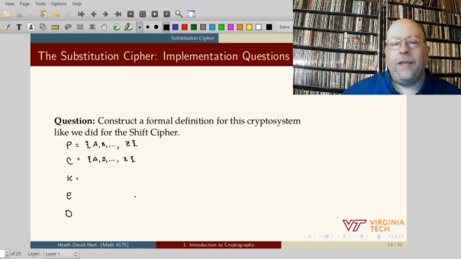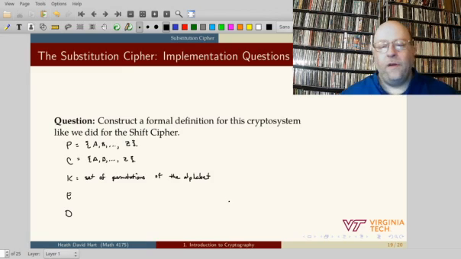The key is a set of all possible permutations of the alphabet. And if you have taken combinatorics, you know how many permutations there are in K. And we'll talk about that number in a moment.